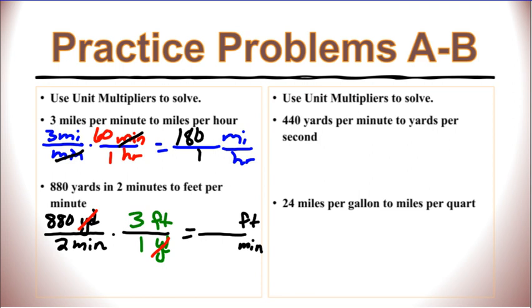So I have 880 times 3 gives us 2,640 feet. 2 times 1 is 2, but it says we want to know feet per minute. So now I have 2,640 feet in 2 minutes. To find out how many are in 1 minute, I just simplify it. So I have 2,640 divided by 2, which would be 1,320 feet per minute.